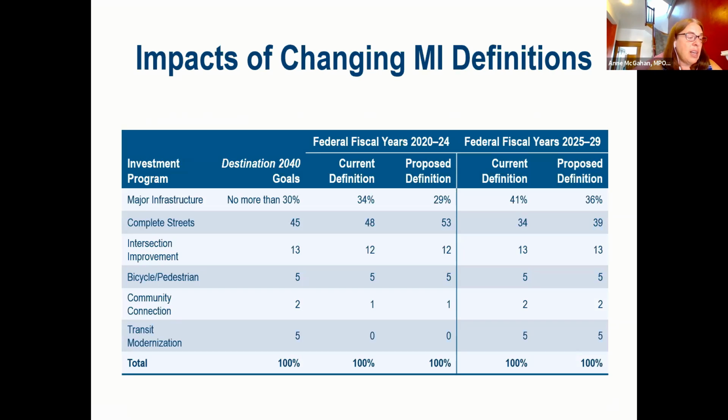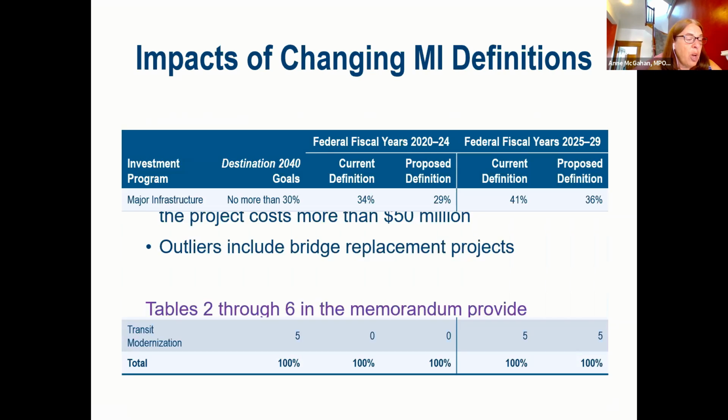And then it shows the actual percentages of programmed projects in the TIP and LRTP in fiscal years 20 to 24 and then 25 to 29 using the current major infrastructure definition and then the newly adopted major infrastructure definition.